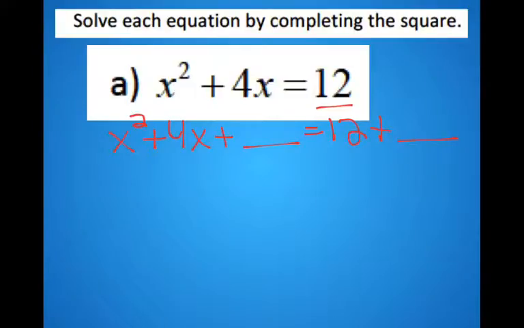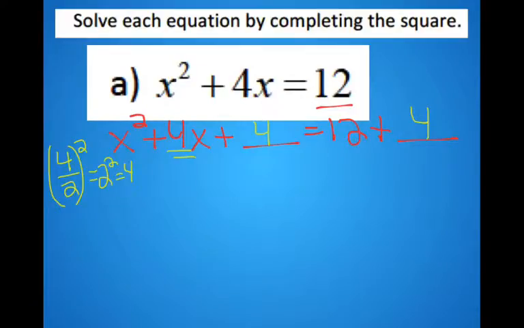It's always going to be half of the b, squared. So that's 4 divided by 2, that's how you get half, and then you square it. So that's 2 squared, which is 4. So that is the magic number. We're going to add 4 to both sides. Always do the same to both sides.